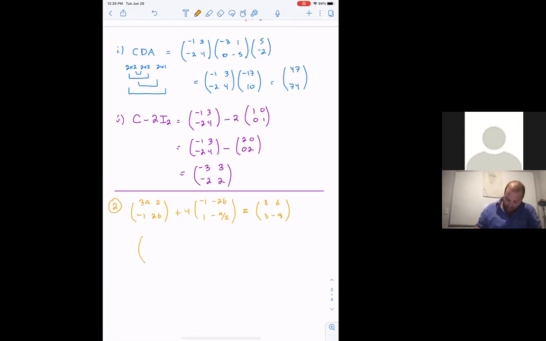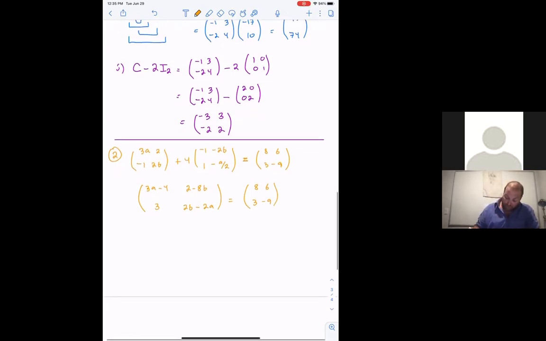So if I combine them together, I get 3A minus 4, 2 minus 8B, -1 plus 4, that's just straight up 3, and then I have 2B minus 2A. This has to equal 8, 6, 3, -9. Now, of course, the 3 is already balanced. The bottom left entries, nothing to do there.